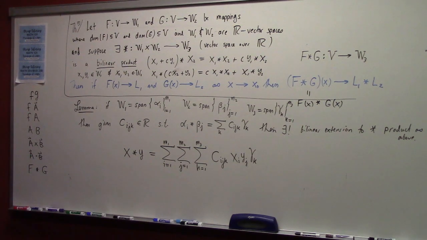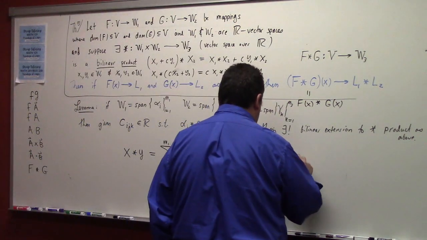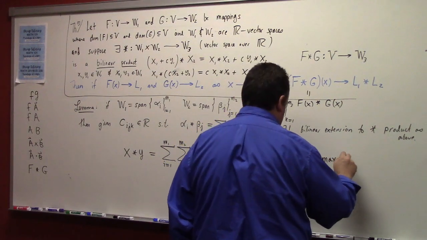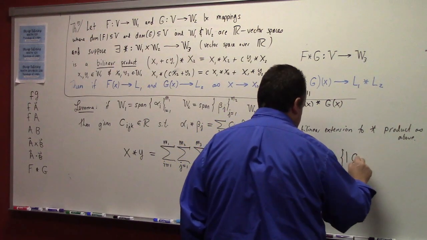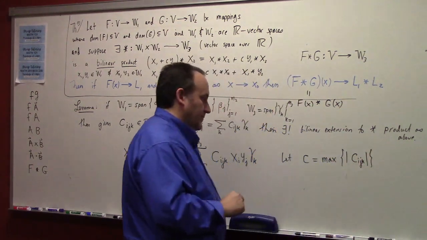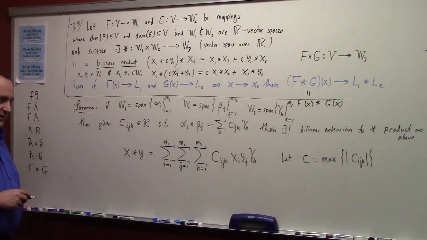But here's the cool thing, right? Is I can let C equal the max of the absolute value of C_ijk, right? And if I do that, right?